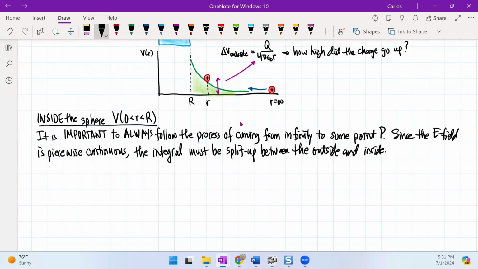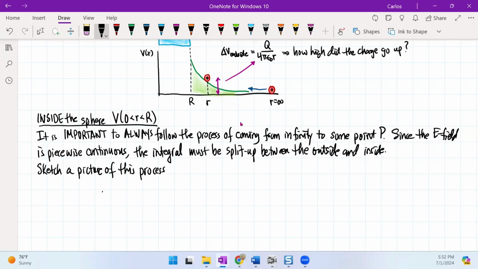So let's start sketching a picture for the process. So here, let's sketch a picture of this process.